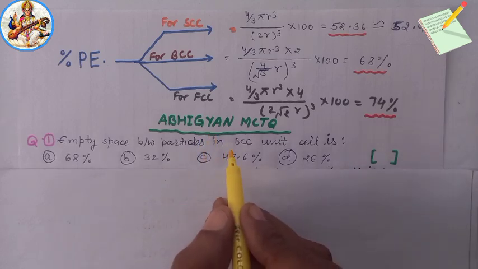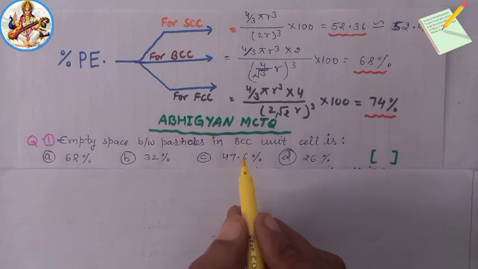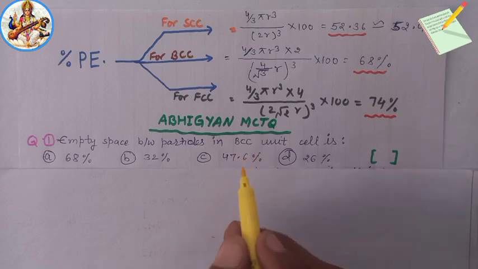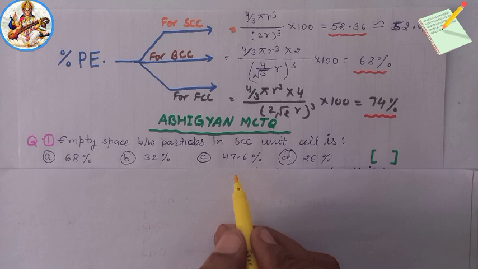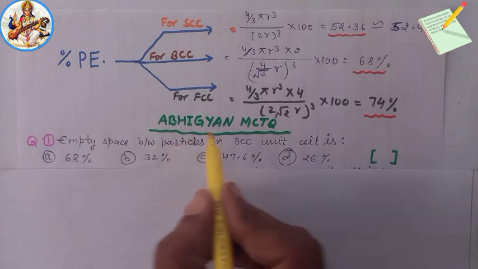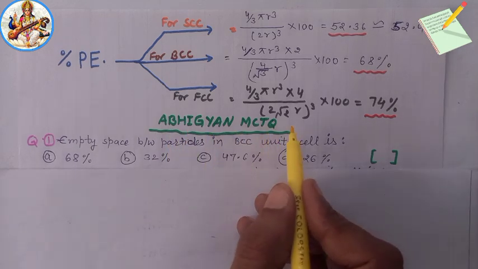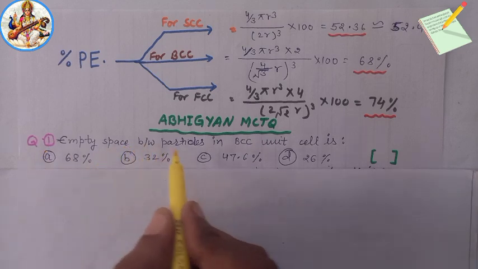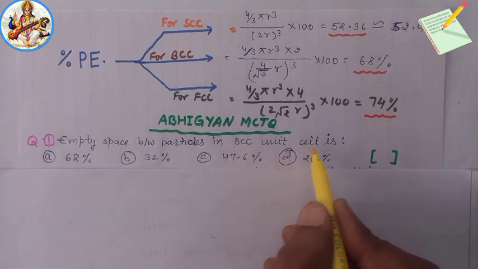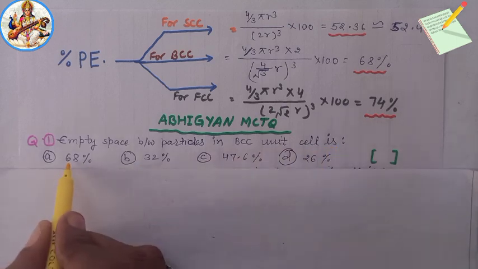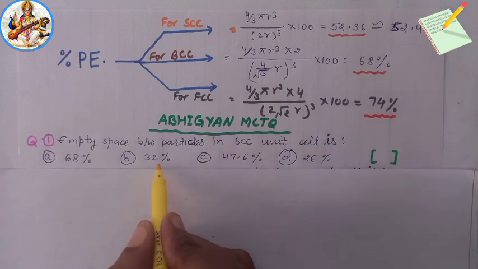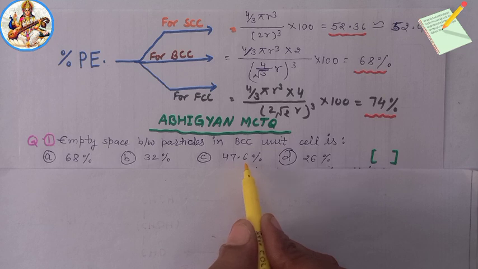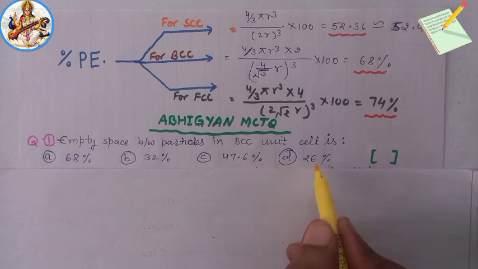Now we will take some multiple choice type questions. You can solve all these questions yourself after pausing the video. So welcome again in Abhigyan multiple choice type question series. Question first is, empty space between particles in BCC unit cell is 68%, 32%, 47.6% and 26%.